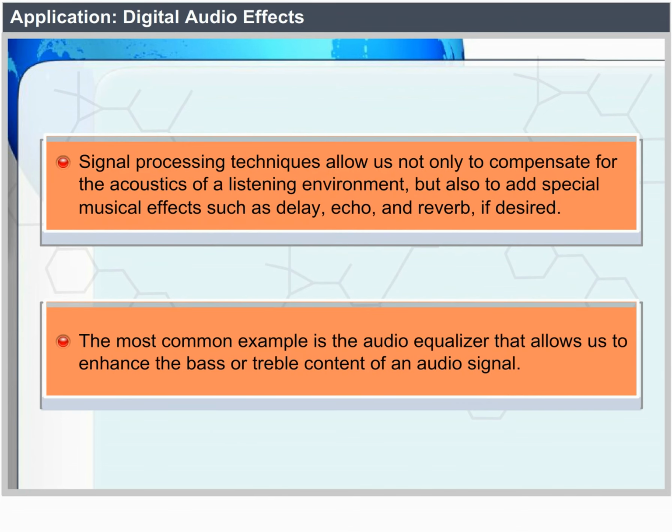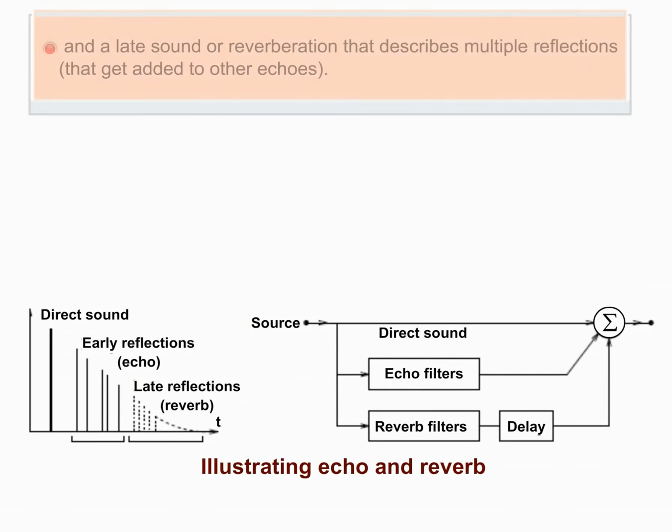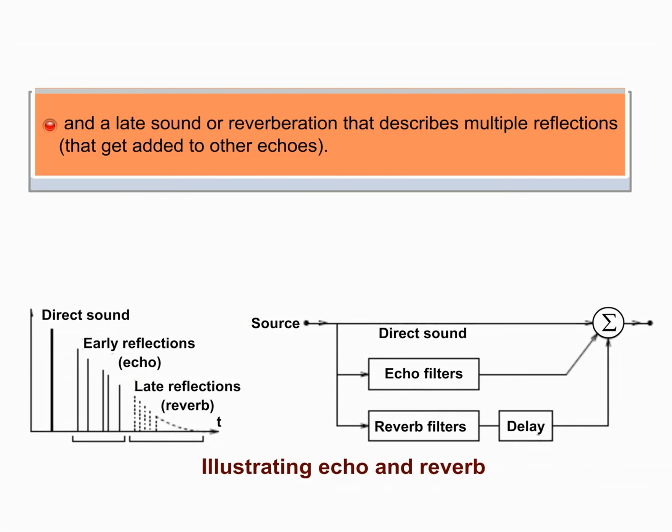The most common example is the audio equalizer that allows us to enhance the bass and treble content of an audio signal. In any listening space, what we hear from an audio source consists not only of the direct sound but also early echoes reflected directly from the walls and other structures, and a late sound or reverberation that describes multiple reflections that get added to other echoes.